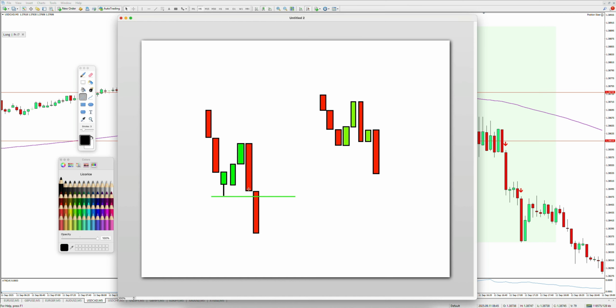So here, this high momentum candle did result in a break of structure, but not directly. There was a green candle between the high momentum candle and the break of structure. So this does not count. That is wrong. This is right. So that's what we're looking for.